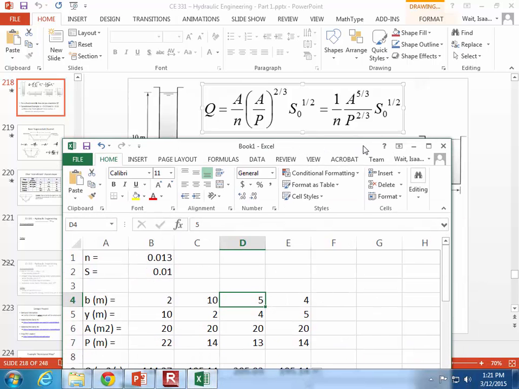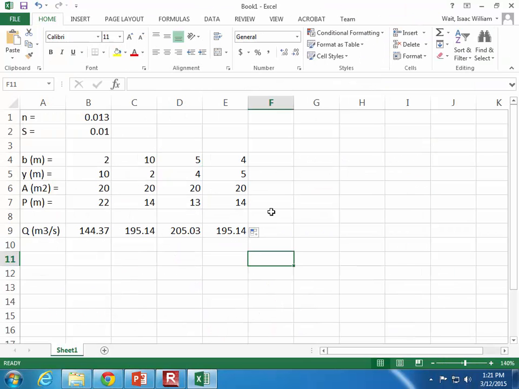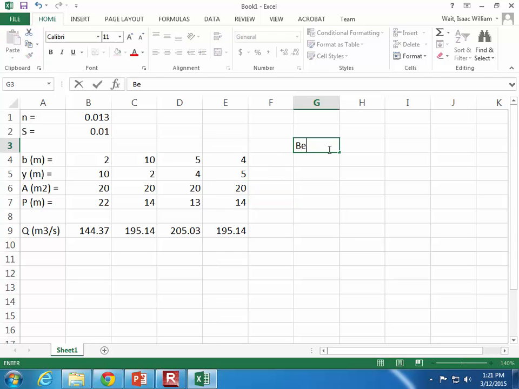We're using Excel, so we've got a lot of tools available. Well, what I want to do is I want to have the biggest flow rate possible. And so let's call this one best. How do we make it the best? Well, we know that in the best, all of these had an area of 20. So the area has to be 20 or else it's not a fair comparison.